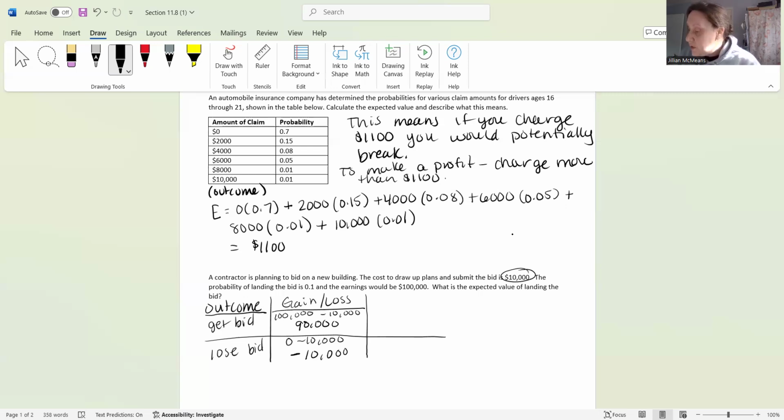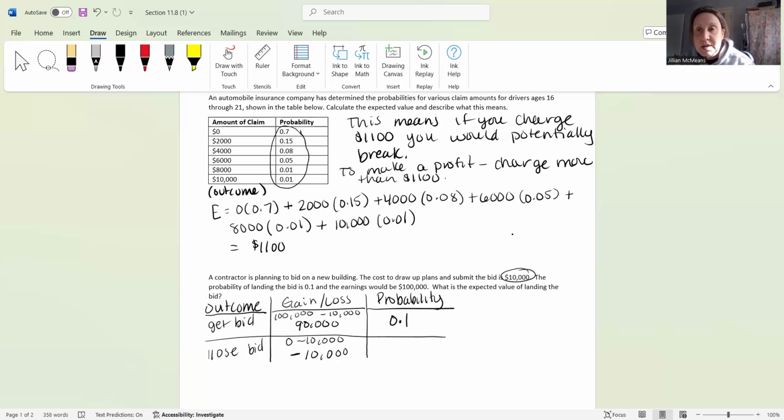Okay, now the third thing we would have to consider is the probability. We are told flat out that the probability of winning the bid is 10%. So then you're kind of like, well, what would the probability be if I don't get the bid? Well, the probabilities would have to add up to 100%. If we go back to this previous example over here, those probabilities add up to 100%.